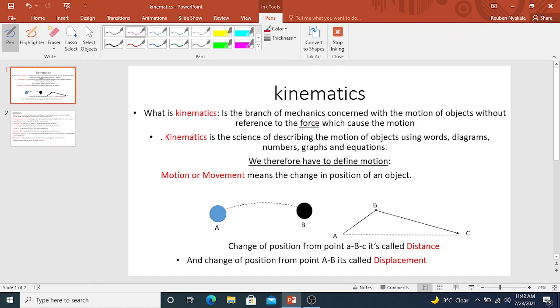We all know that for an object to move, there must be a force behind that object that causes it to move. But on this topic, we are not interested in the force that causes motion. We will be dealing with the cause of motion when we are doing dynamics.